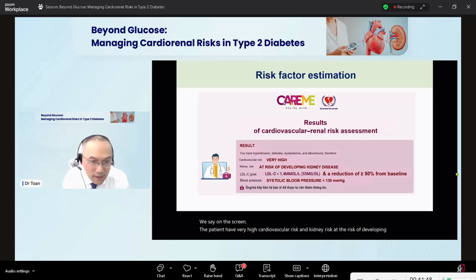The LDL-C cholesterol goal must be less than 1.4 millimole per liter, and systolic blood pressure below 130 millimeters of mercury.